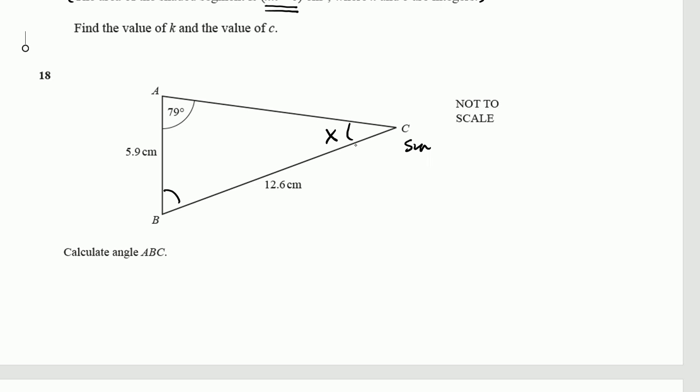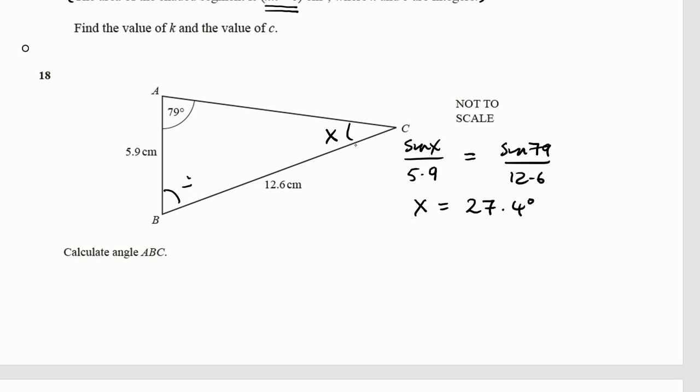So sine x over 5.9, because they're opposite, is equal to sine 79 over 12.6, because they're opposite. I can churn through the usual steps and get myself a value of x, which is going to be, give me a second to do the calculation, that value is going to be 27.4 degrees.